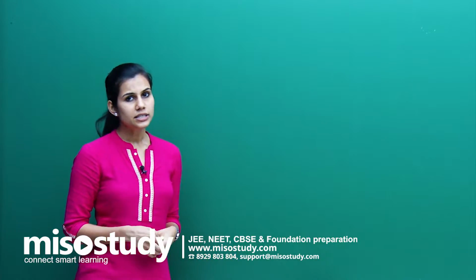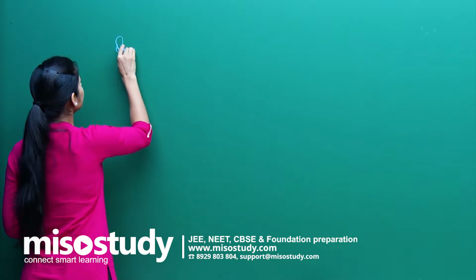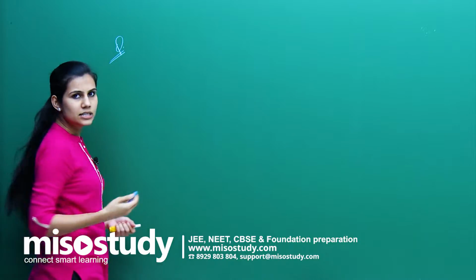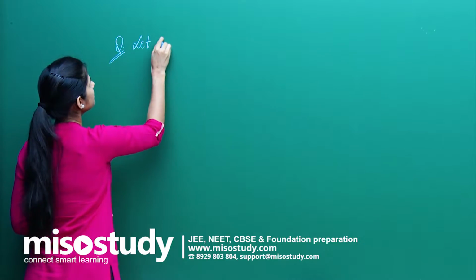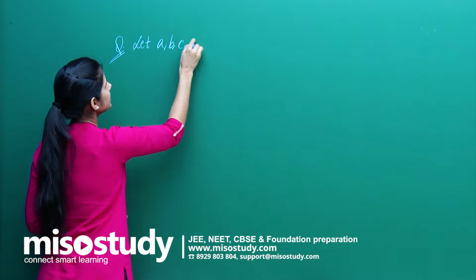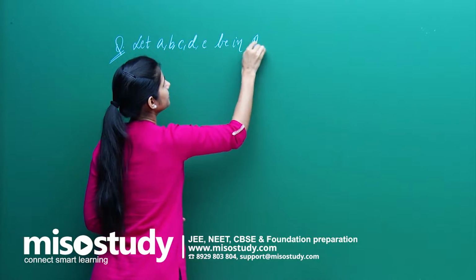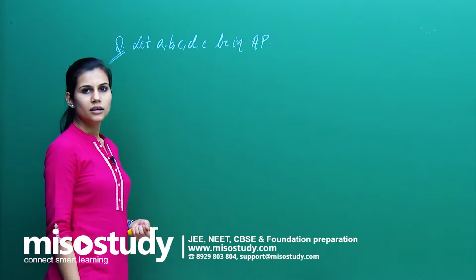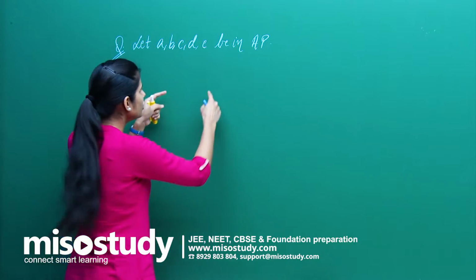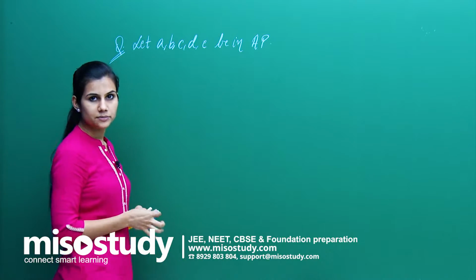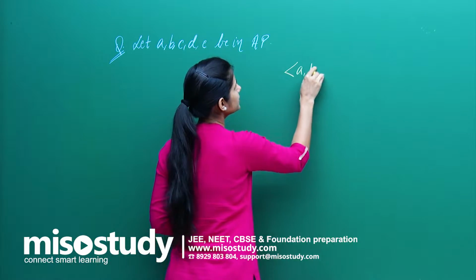Now this general term concept of an AP, let's apply it in a question. Suppose I am giving you 5 terms. Let A, B, C, D, E be in AP. That means you can consider this to be a finite sequence of 5 terms.